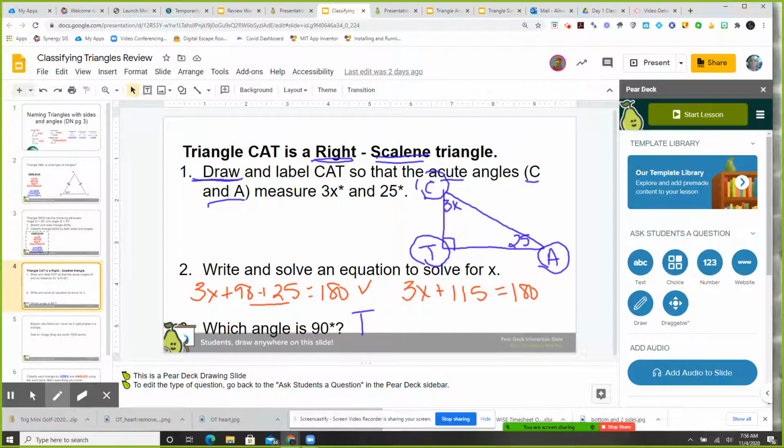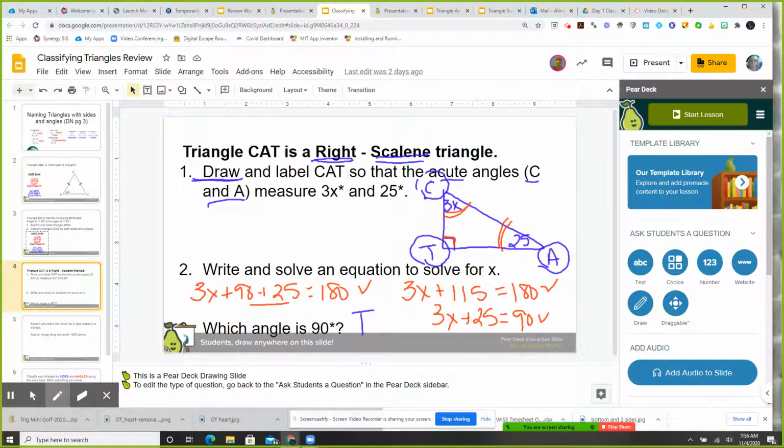What's one more equation I could write? Anybody got an equation that equals 90 degrees? If I know that this angle is 90 degrees, what do these two angles together have to be? Also 90 degrees. So could I just write 3x plus 25?